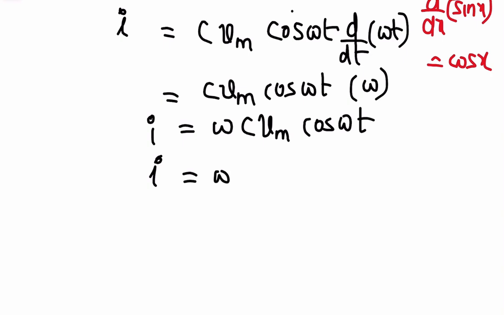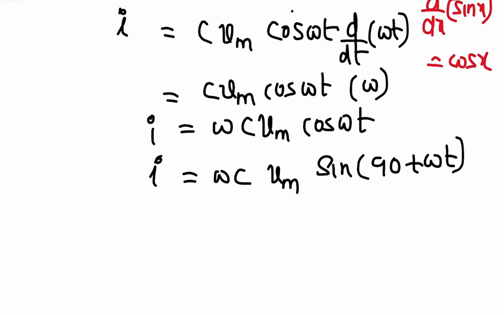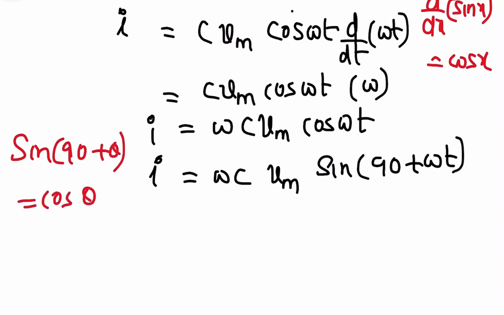You can also write it as sine of 90 plus omega t, because sine of 90 plus theta is cos theta. You know very well trigonometry, sine 90 plus theta is equal to cos theta, that I have used here. Then if you see the first part, omega C, it is multiplying Vm.